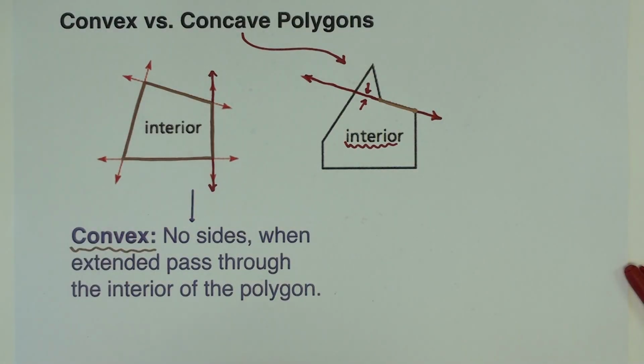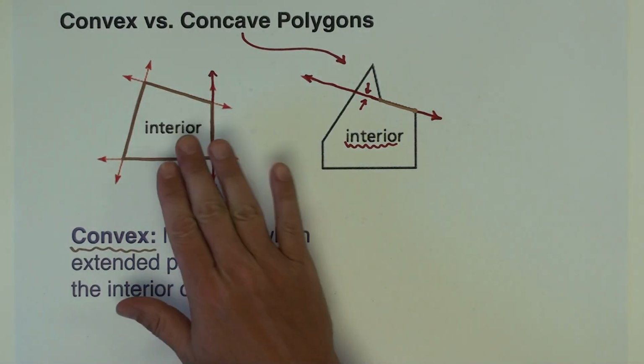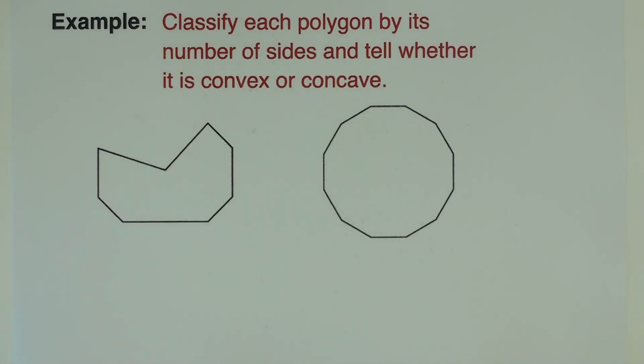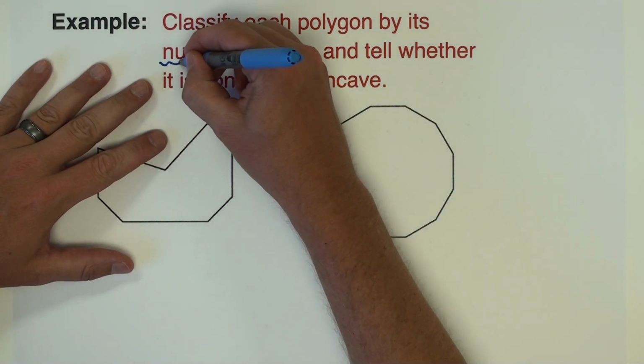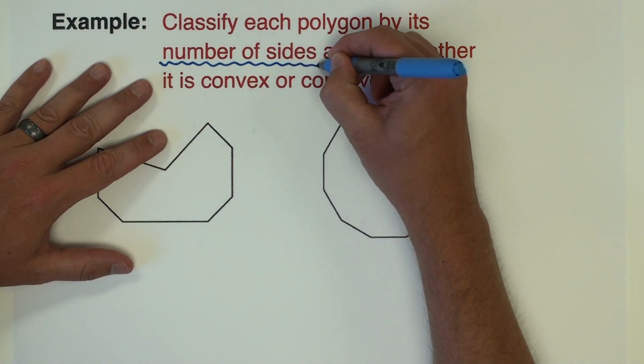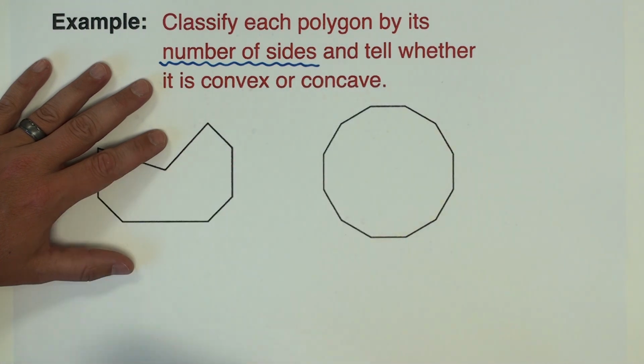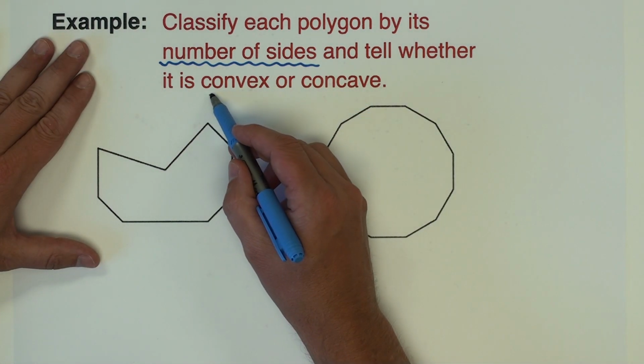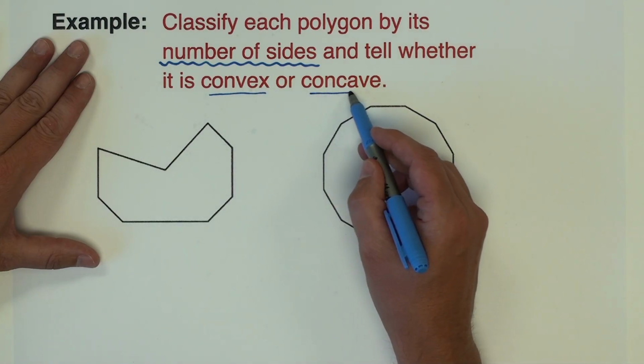That's a concave polygon. Okay, so let's look at an example where we practice classifying the difference between these two. The directions on this slide ask us to classify each polygon by its number of sides. So that's the chart from a few slides ago. And then tell whether it is convex or concave.